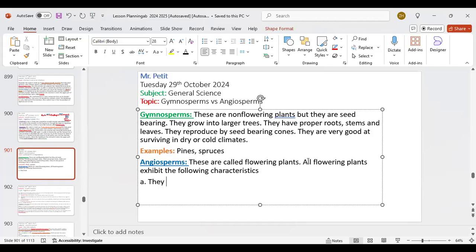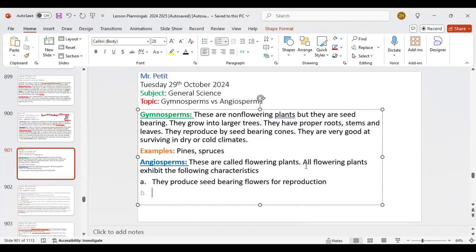They have flowers, right? Yes, sir. They produce seed-bearing flowers for what? Reproduction, very good. Reproduction.